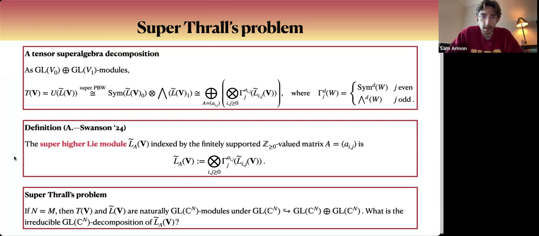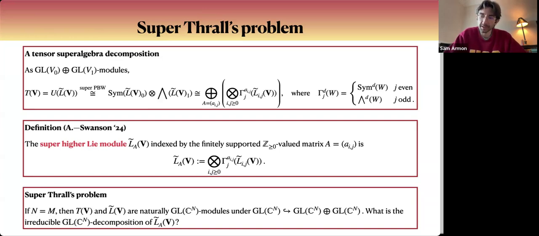So this allows us to naively state a super version of Thrall's problem. In particular, if the dimensions of my even and odd components of my vector space agree, then I can consider both the tensor algebra and the free Lie superalgebra as just a regular old GL_n module.